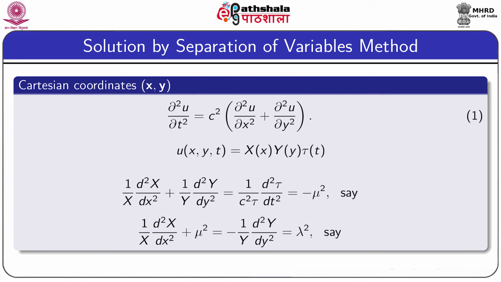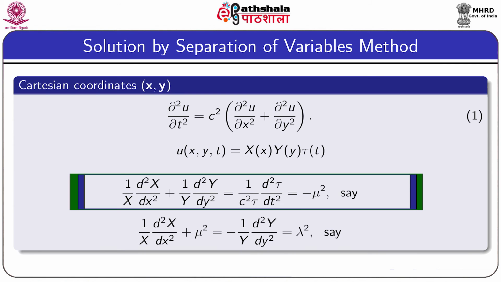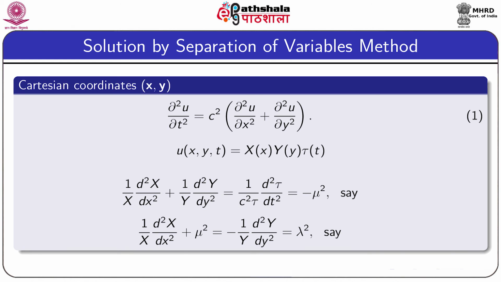In the separation of variables method, we write the solution u as a product of capital X, capital Y and tau, and we substitute this solution into equation 1 to obtain the expression written in the next line: 1 by X d2X dx square plus 1 by Y d2Y dy square equals 1 by c square tau d2 tau dt square.